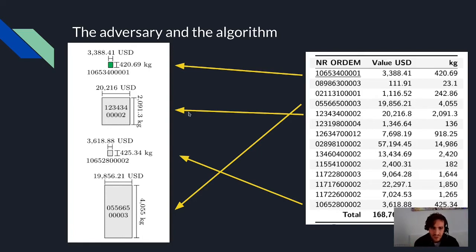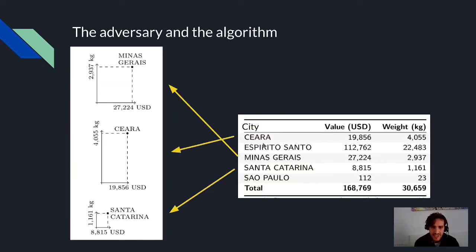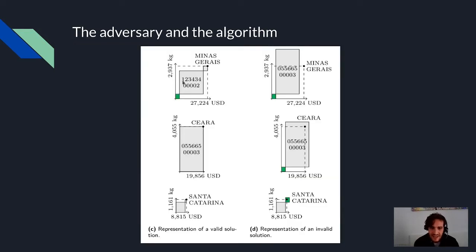The totals seen in the summary are points in the Cartesian plane. The dashed lines are boundaries that signal, when overflown, that the solution is invalid. The idea is to stack the rectangles by the border without overflowing the city's totals. As can be seen here, in a valid solution, all rectangles are stacked inside the region delimited by the dashed lines.